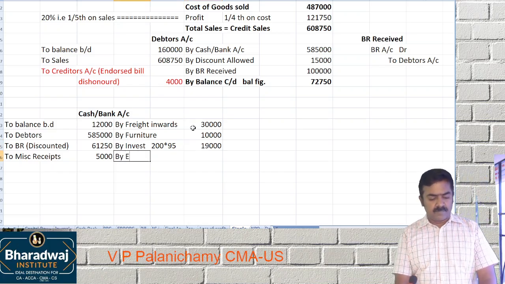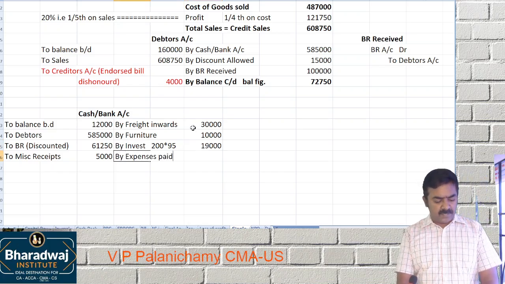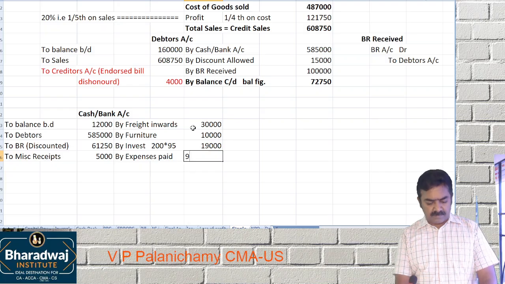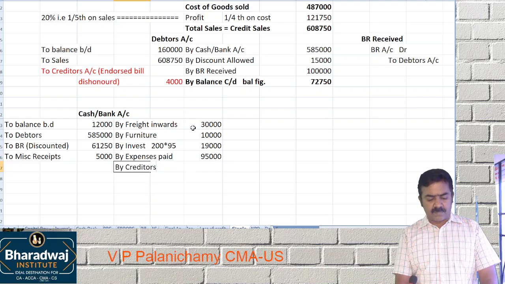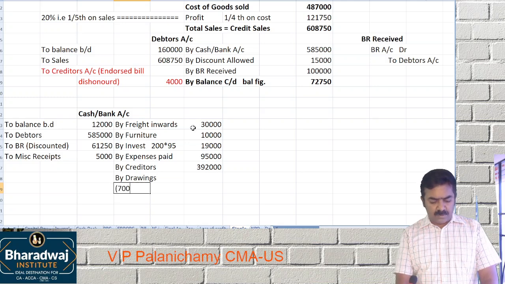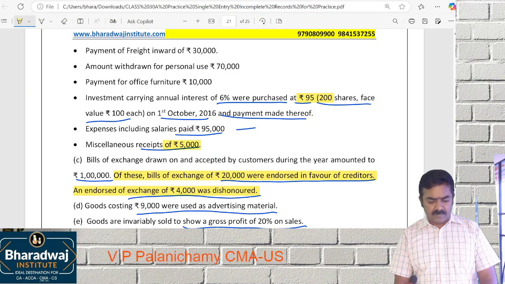Then expenses paid. How much of expenses paid? 95,000. By creditors payment. What is the creditors payment? Net payment 3,92,000 is given. By drawings, 70,000 plus another 21,000, we have drawn twice. Where is it given?